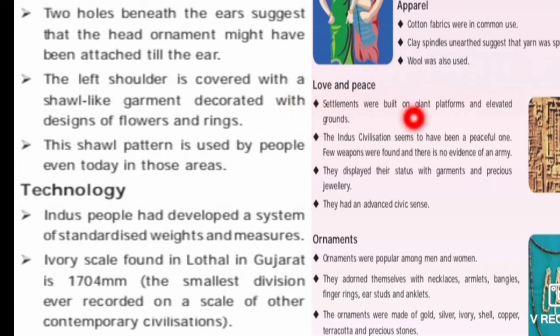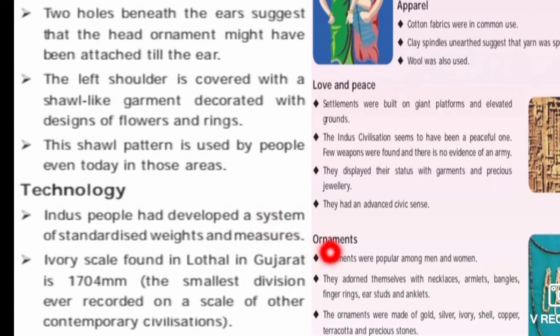Next is love and peace. Settlements were built on giant platforms and elevated grounds. The Indus civilization seems to have been a peaceful one because few weapons were found and there is no evidence of an army. They displayed their status with garments and precious jewelry, and they had an advanced civic sense.